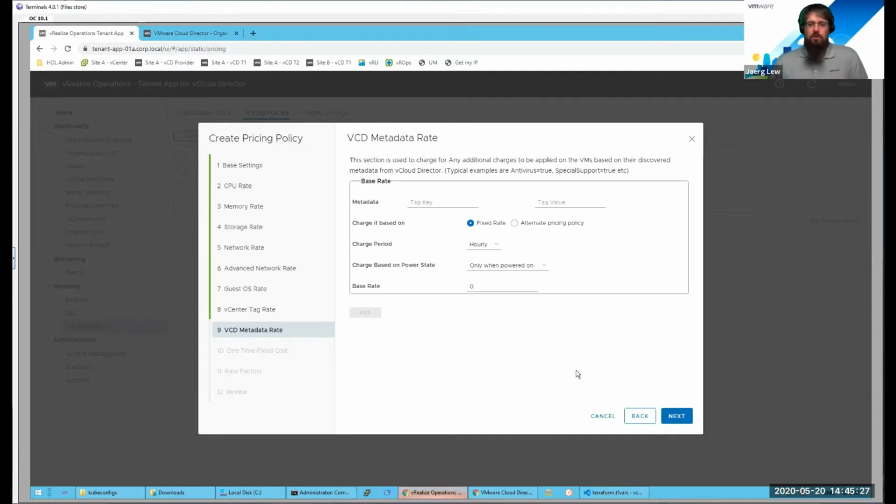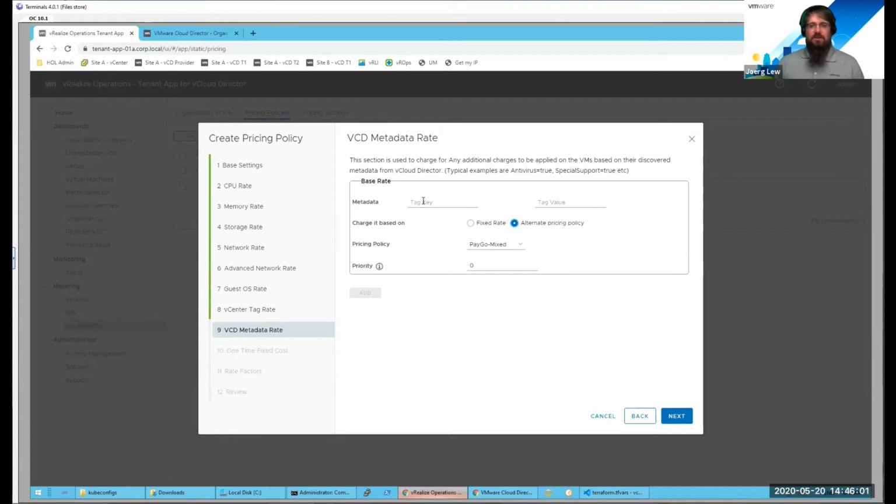So you can use the key value concept for the tags or for metadata to put in whatever you want, and then either you have the selection to use a fixed rate, so you directly attach a certain number to a feature if a tag is available, or, and that's new in 2.4, you can even change the pricing policy. So if a certain tag is existing for a virtual machine, for example, you can define that for all the VMs that have this specific tag enabled, you alternate the pricing policy.